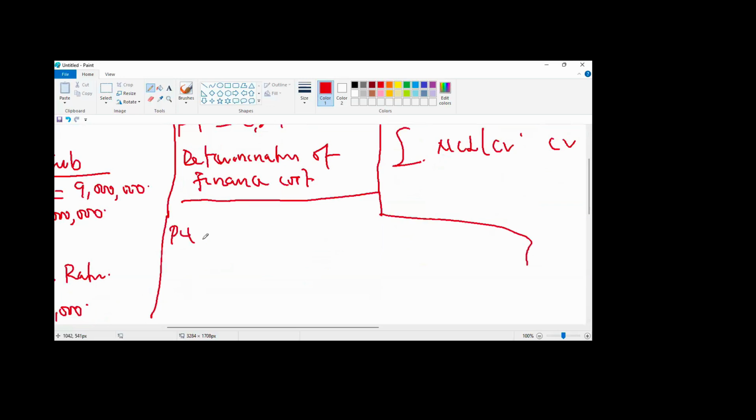Future value equals present value plus interest. Future value is 7,150,000, present value is 6,500,000, plus the interest.